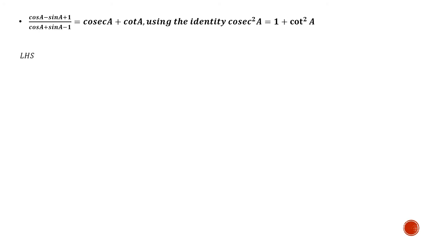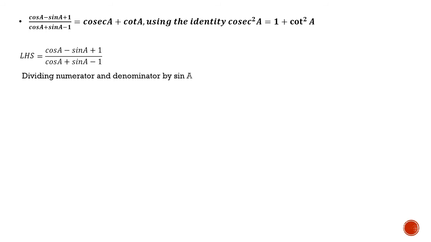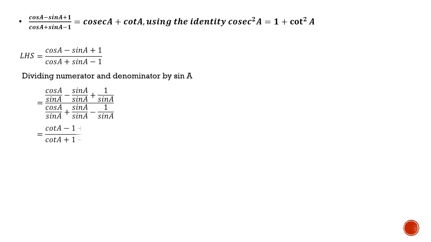Once again solving with the left hand side first. Okay, now because they have mentioned that we have to use the identity cosec square is equal to 1 plus cot square A, I think we should not continue with this cos and sine which is existing in this left hand side part. So what I will do is I will try and divide my numerator and denominator with sine A. Because if I do that, what I will be obtaining is cot and cosec upon simplification.